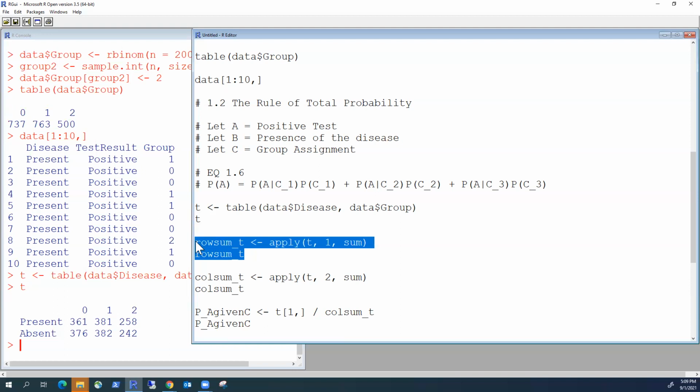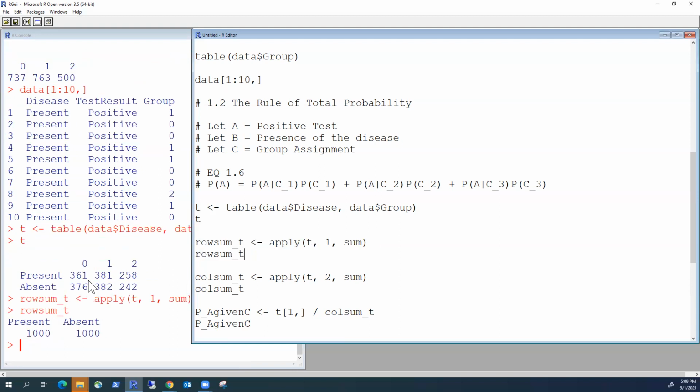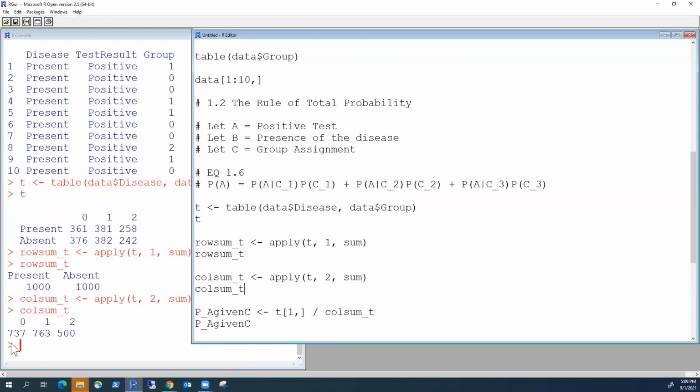So the row sum of T, right, should just give us our 1,000 present disease, 1,000 absence of disease. If we look at the column sum, this should give us our 737, 763, and 500, as long as all goes well. Here we go, 737, 763, 500. It looks like it did exactly what we thought.